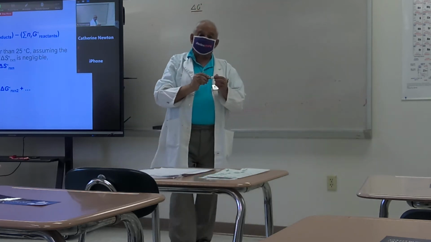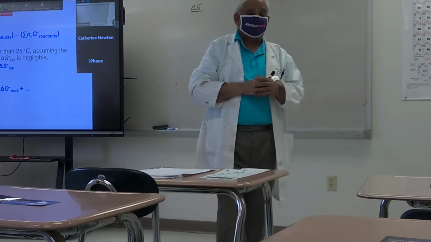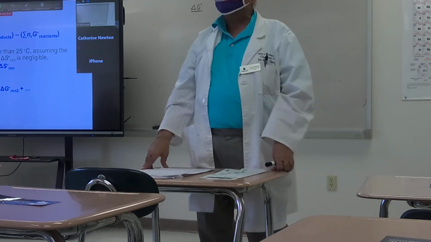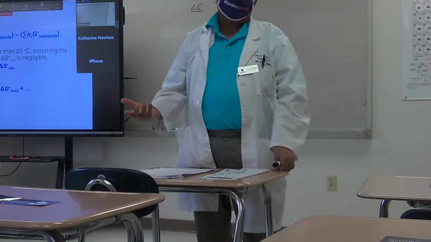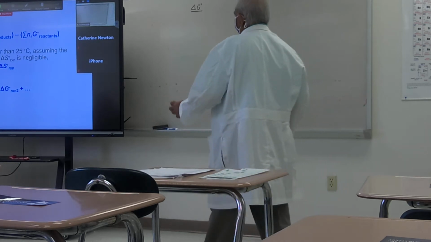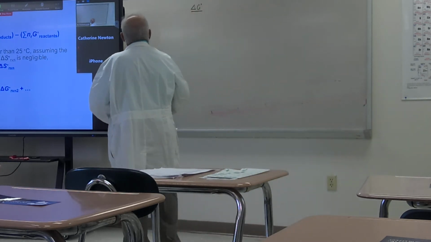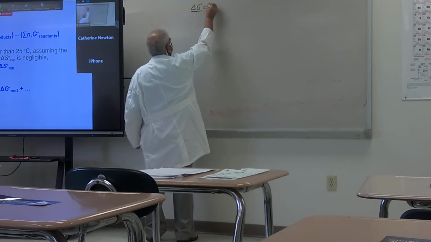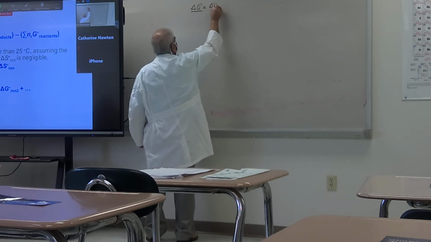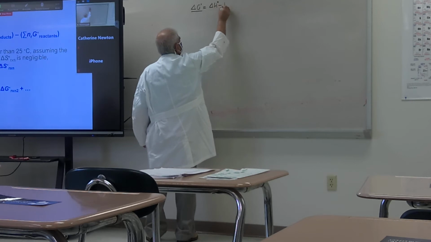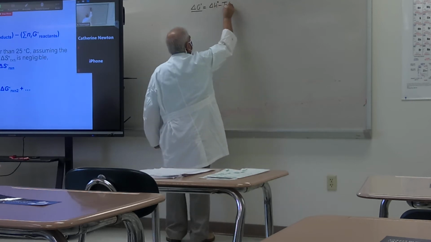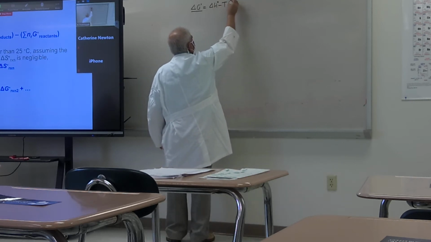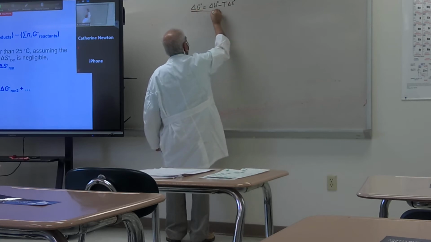So the zero exponent, that stands for what? You have made all the measurements at standard state, okay? I explained this already. And you need to remember this equation very well. Delta G0 equals enthalpy change minus temperature in Kelvin times the delta S0. This is a very, very important equation.